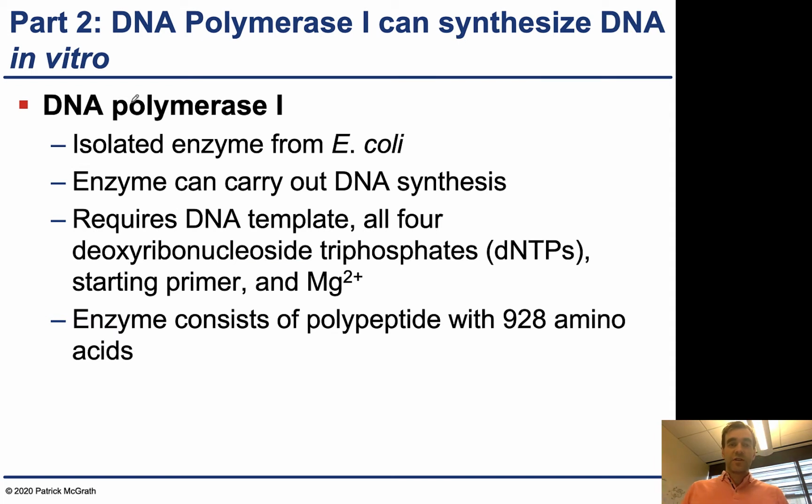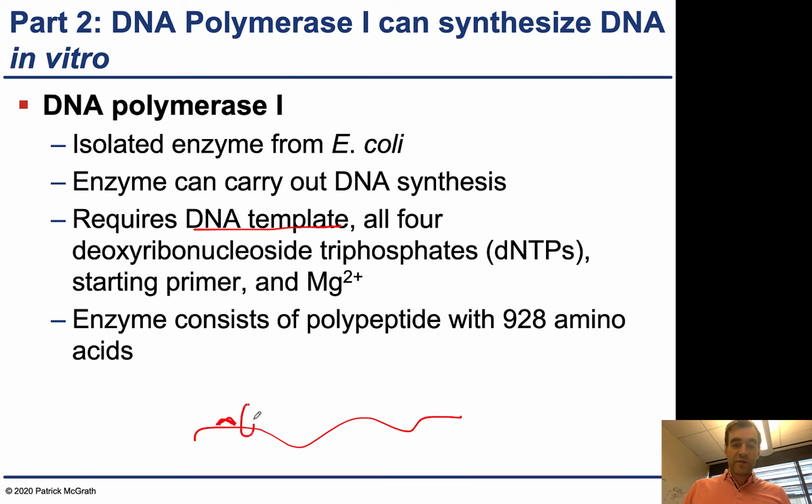So the first one was isolated from E. coli, DNA polymerase I, and experimenters found if they added a DNA template, all 4 dNTPs, and a starting primer, a short piece of DNA or RNA that is complementary to it, then they could get DNA replication to occur.